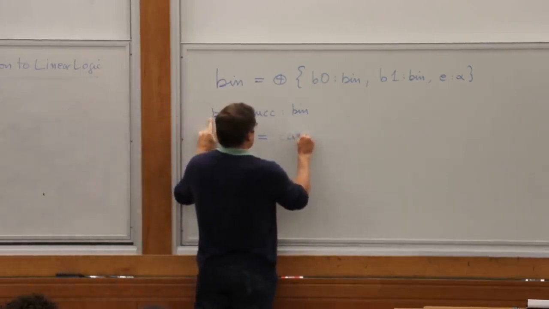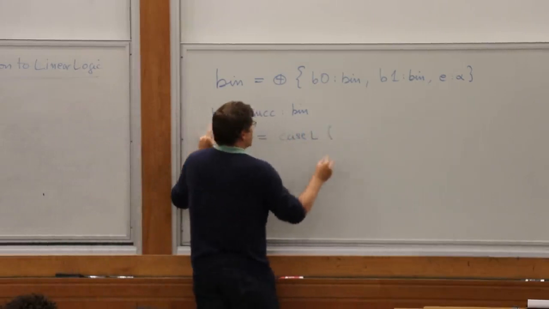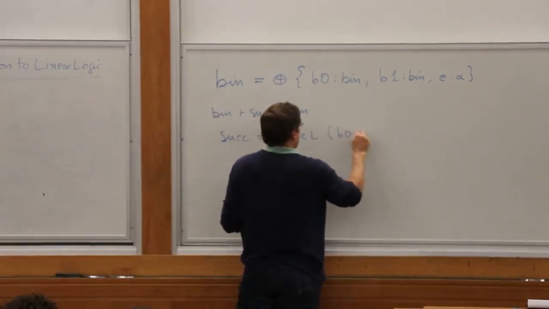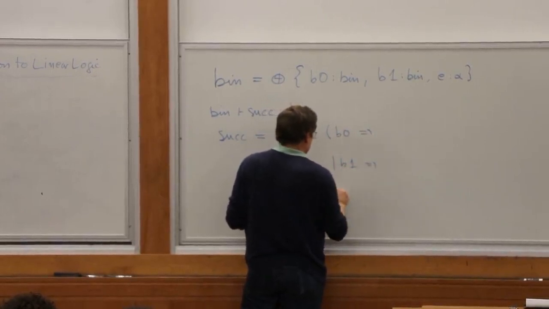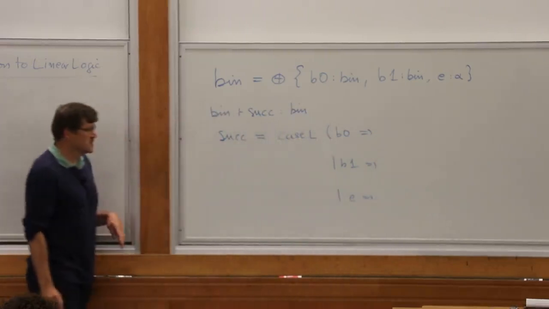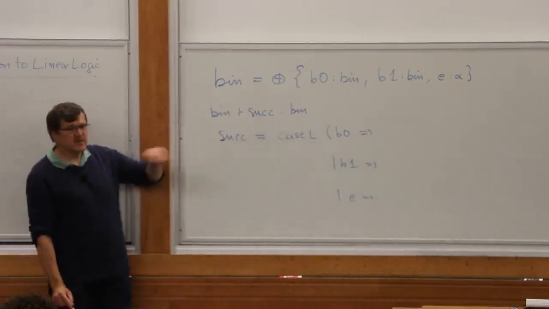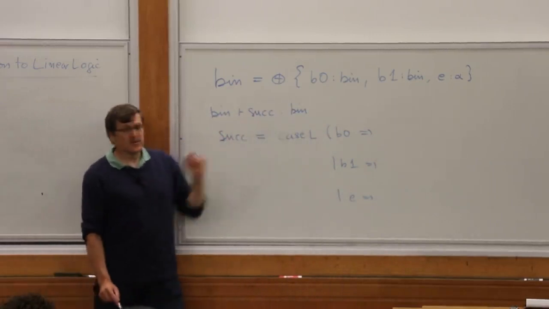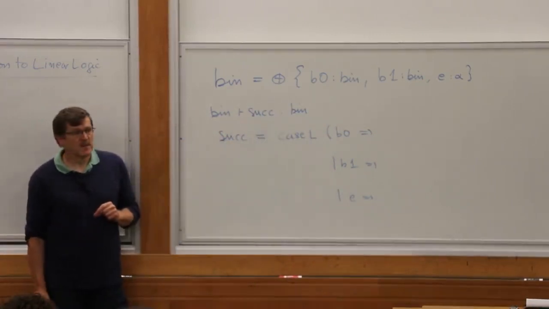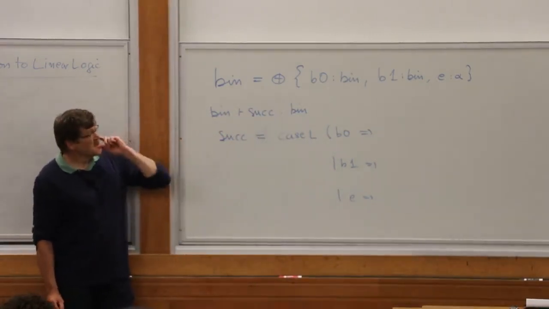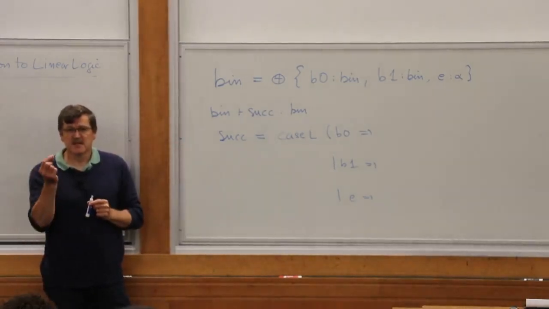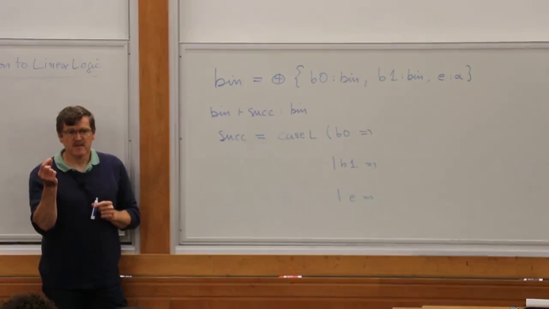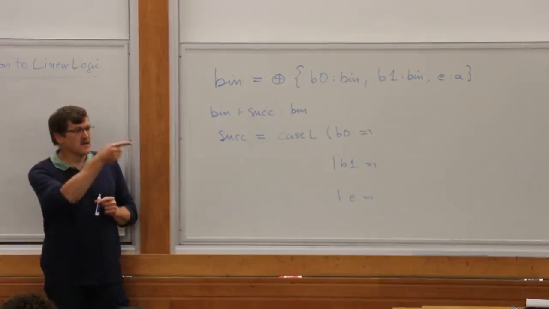So we do a case left, and we could receive bit 0, or we could receive bit 1, or we could receive an end of number thing, which represents 0. Okay, so if we receive bit 0, what do we output on the other side? So in this representation, this is a little endian representation, so we get the least significant bit first, okay, rather than the most significant, yeah?